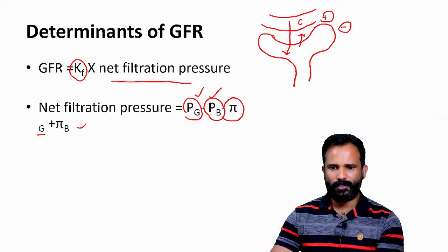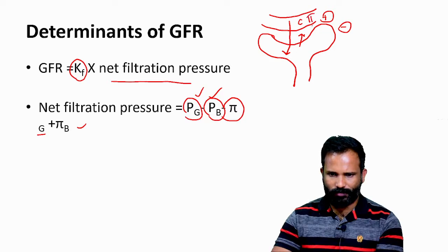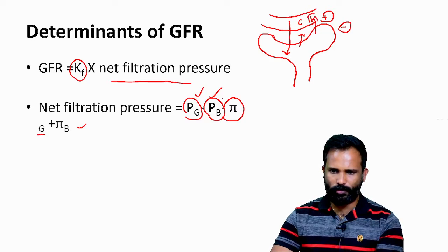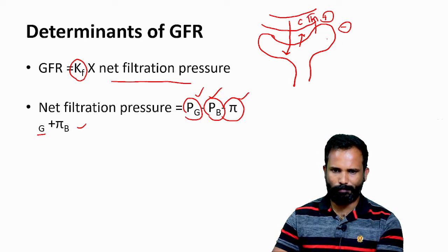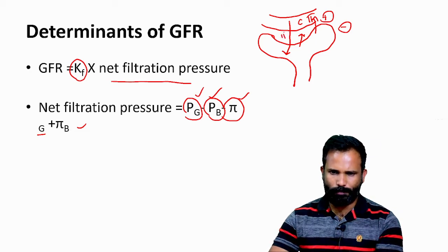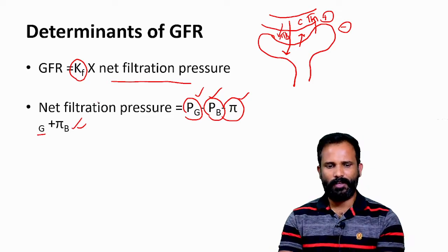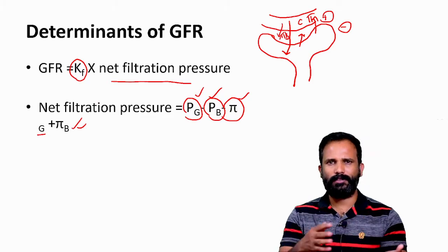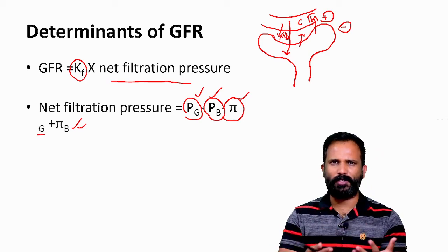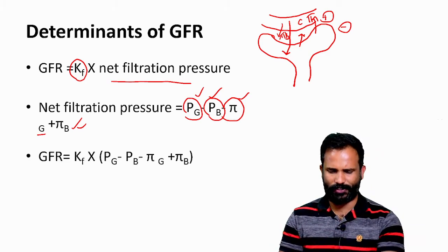And the oncotic pressure of the capillary will oppose the filtration, that's why it is again minus. And the oncotic pressure in the Bowman's capsule or in the tubule will favor the filtration, that's why it is plus. So the sum and difference of these pressures is called net filtration pressure.